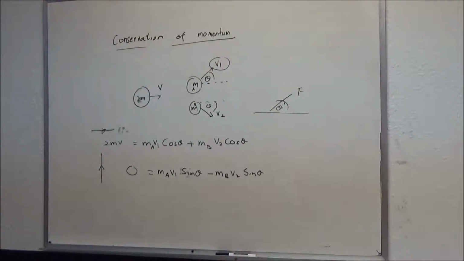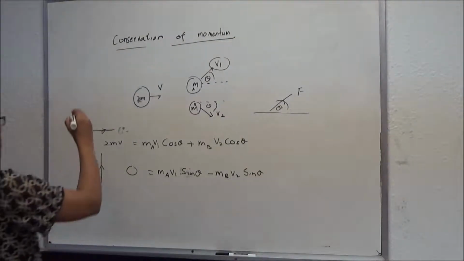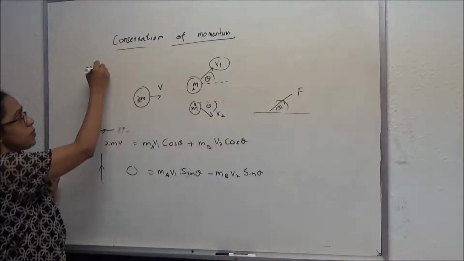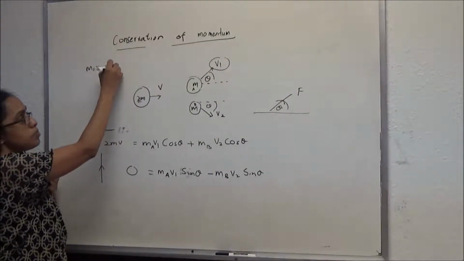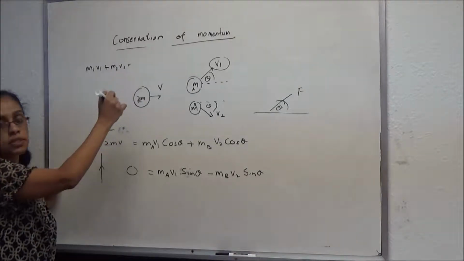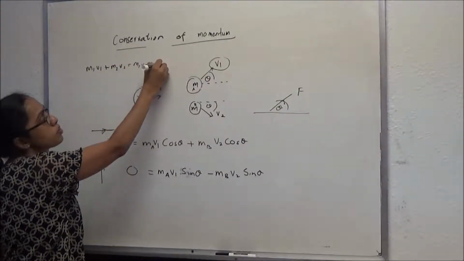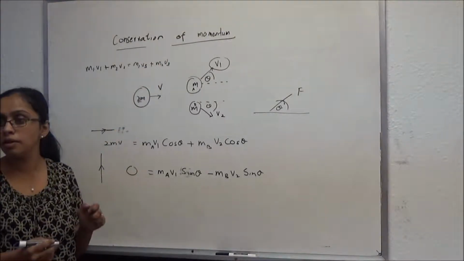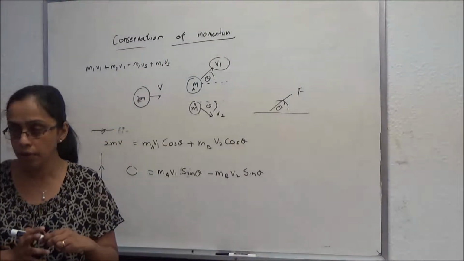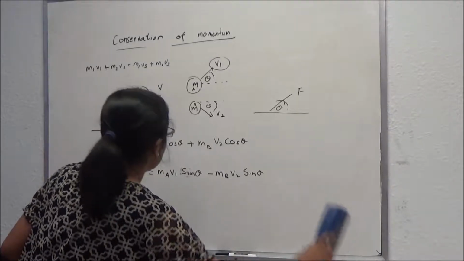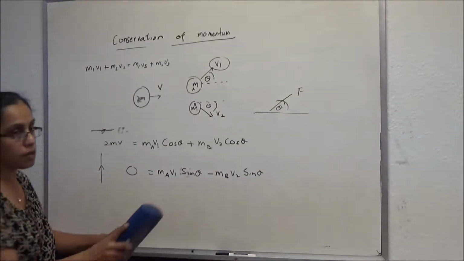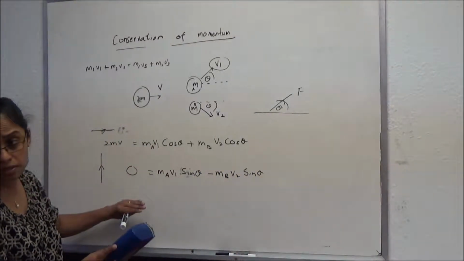And write M1 V1 plus M2 V2 equals M1 V3 plus M2 V3. Got it? Understand? So it's not difficult. Alright, we're done. Shall I erase this?